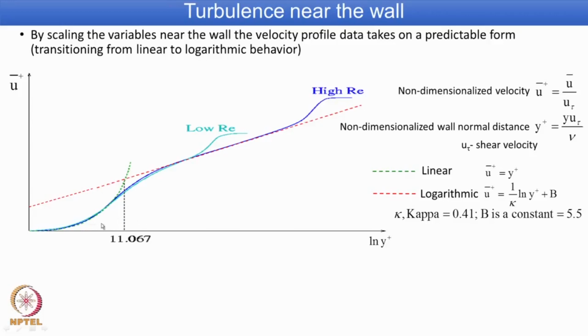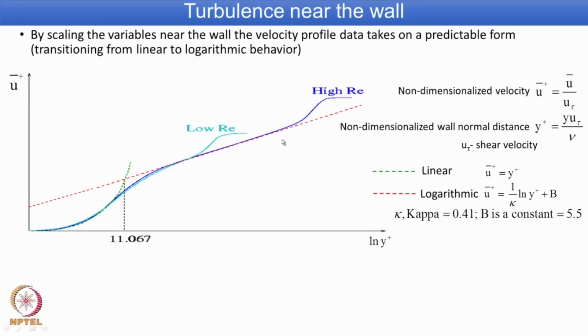So, we have 3 regions starting from the wall: the linear region, otherwise called the viscous sublayer region, the buffer region which is in between, then the log law region where we have a semi log expression relating velocity and wall normal distance as shown here. After some point of y plus, it deviates from the logarithmic expression.